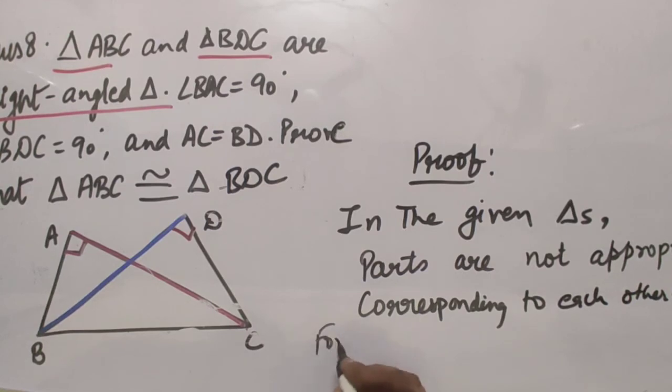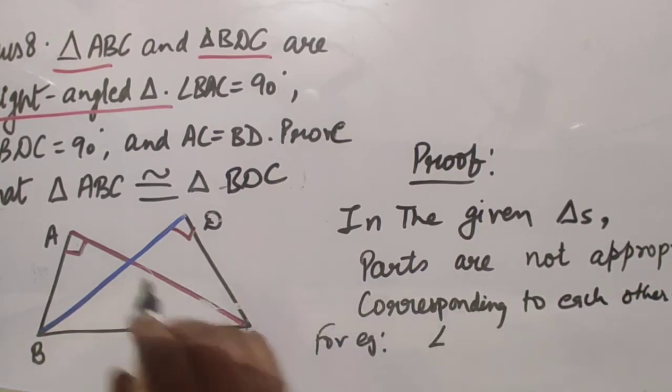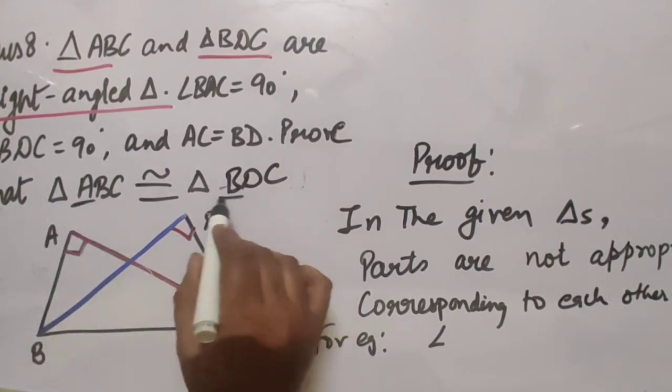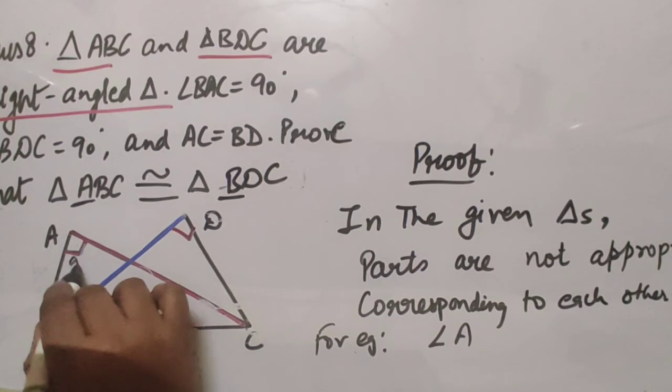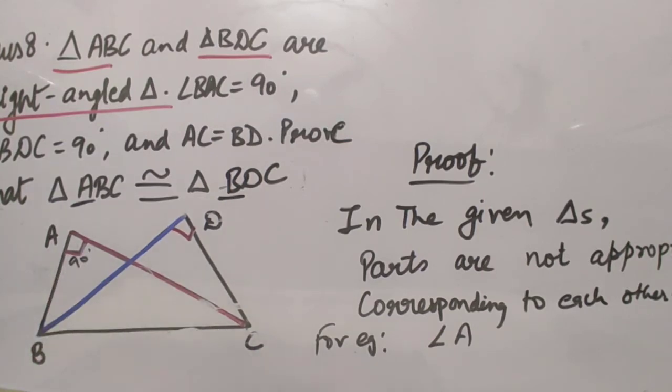For example, as they have said, angle A has to correspond to angle B. We know that angle A is 90 degrees, which is given in the question.